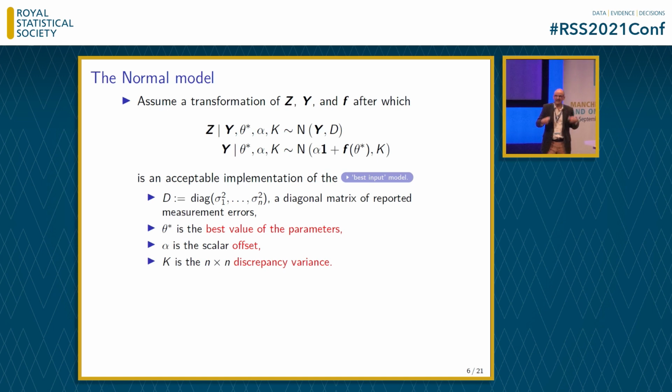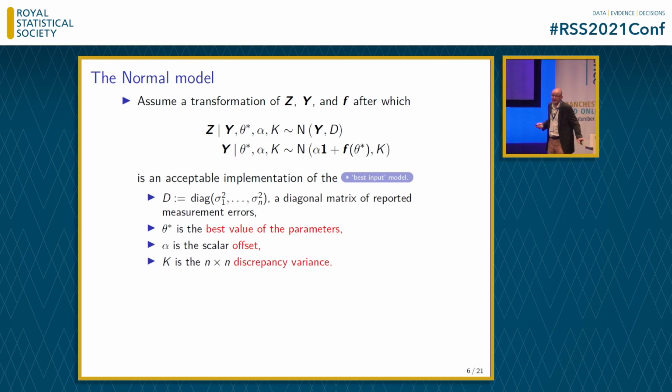So we're not making up the idea that there might be an offset. It's very well recognized in lots of situations that there might be a vertical offset between what your simulator is producing at its best input value, theta star, and what the system is doing. So we allow there to be a vertical offset, which is very simple in this case. You could make it into a process, a temporal process, but I've just made it into a constant.